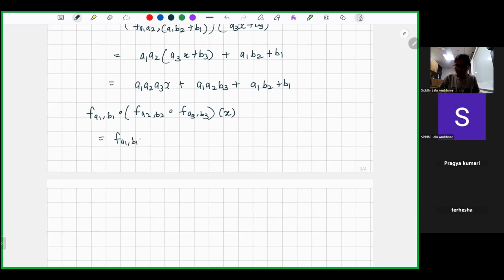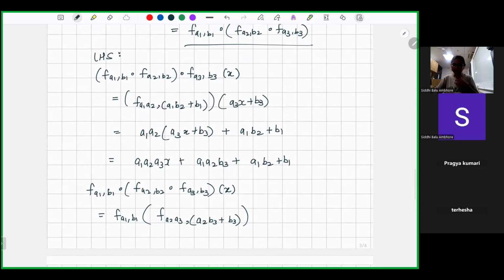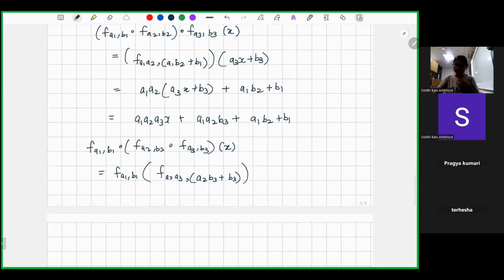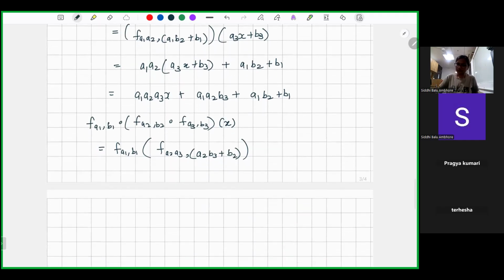We saw what the inner composition is: it is f_{a2 a3, a2 b3 + b2}.